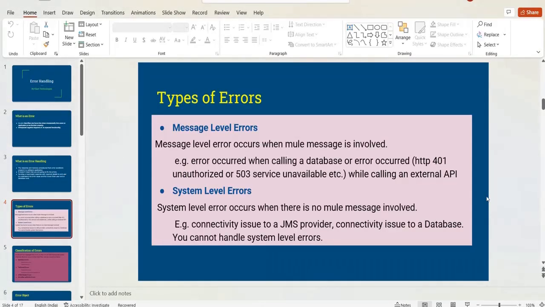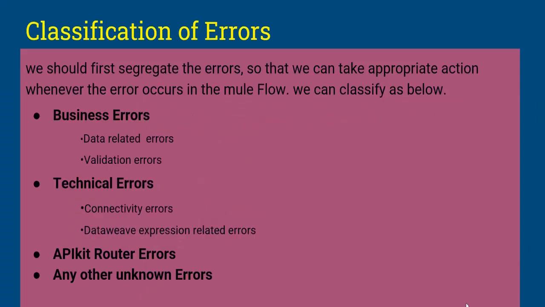Okay. So now you understood what the different types of errors are. Even with that, we have classified different types of errors, which are nothing but these common three types of errors in MuleSoft. Okay, business errors. First, the types of errors that come under business error classification are data related errors or validation errors. Data related errors means, as we have just seen, you have entered wrong details, wrong credentials and so on. That is nothing but data related errors.